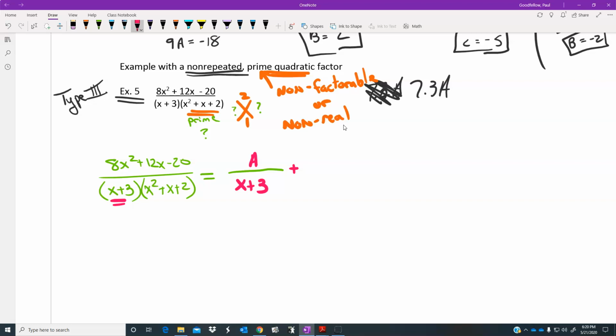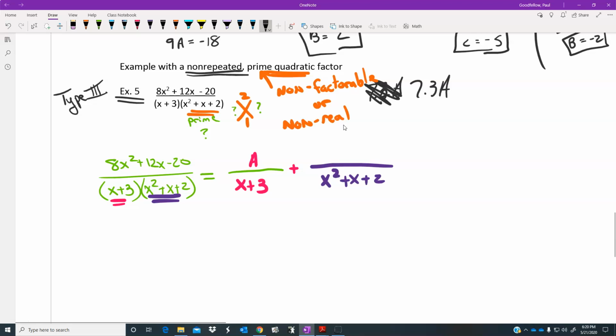Now, the second one listed right here is what would be referred to as a type 3. What do you do with a prime quadratic? Well, we definitely put the prime quadratic on the bottom, x squared plus x plus 2. But the top section is a little different from what we would usually use. In type 1s and type 2s, it was just a constant that goes up here.